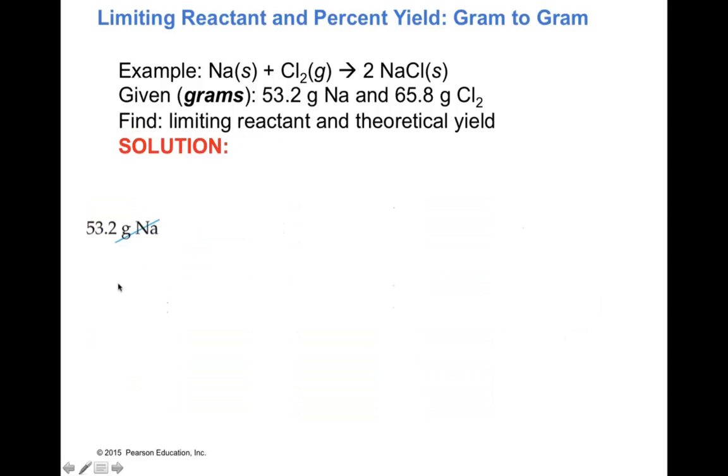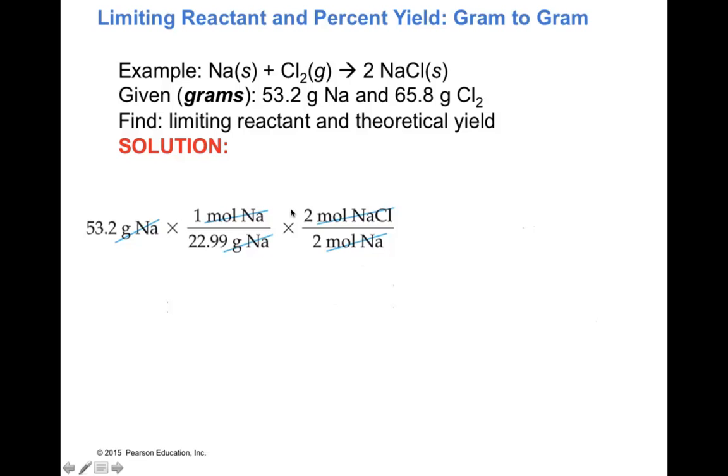So let's do this. The first one is 53.2 grams of sodium. We need to turn this to moles of sodium by using the molar mass of sodium, 22.9. Okay. And now that we have moles of sodium, we remove the mass of sodium. We have the units in moles of sodium. We need to go from moles of sodium to moles of sodium chloride. And the reaction is 2 to 2, sorry.